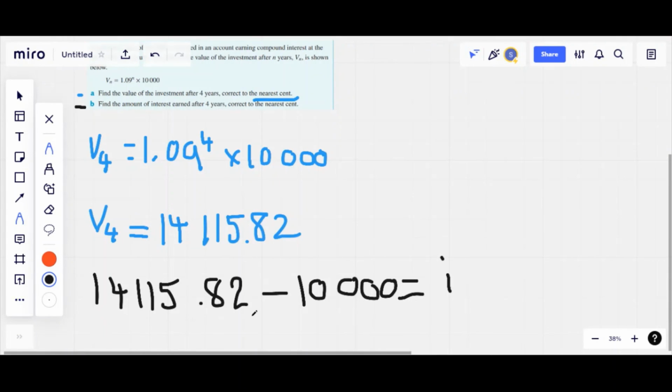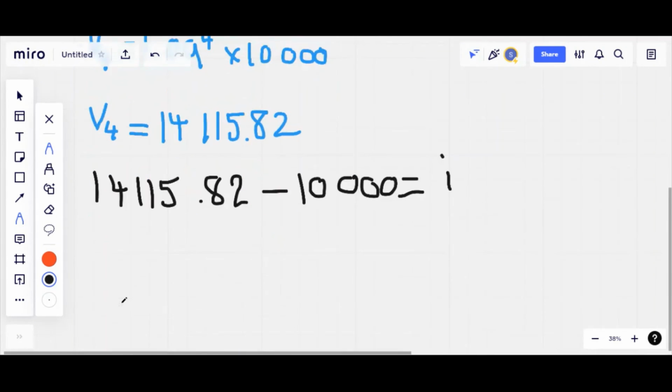We should be able to do that pretty easily. We don't need a calculator for this one, so it's $4,115.82 is our interest over the 4 years.